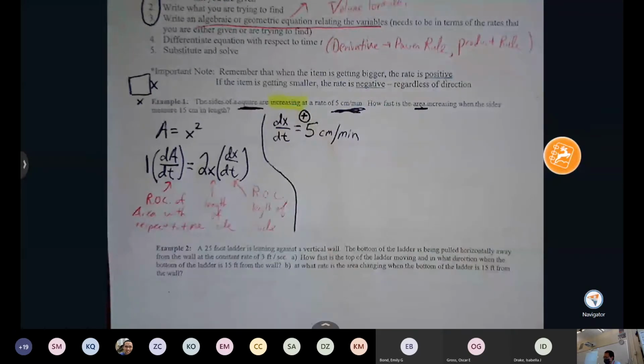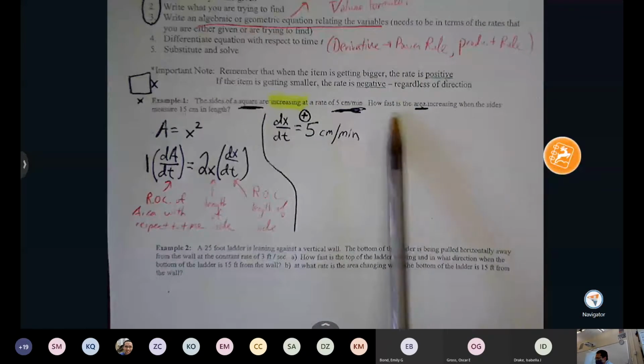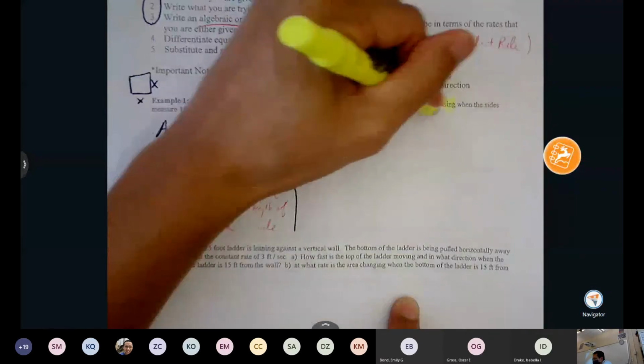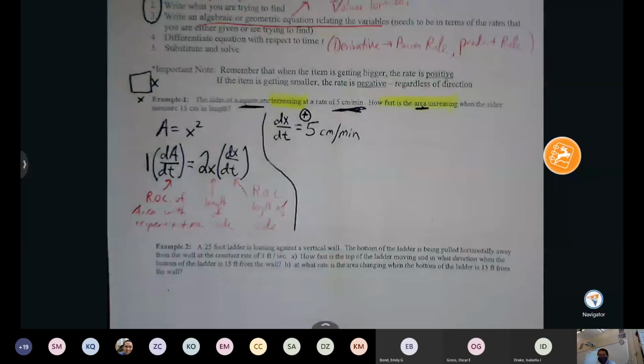Okay, next up, how fast is the area increasing? So what do you think we're looking for here? Or what variable is this referencing? Good, dA over dt.